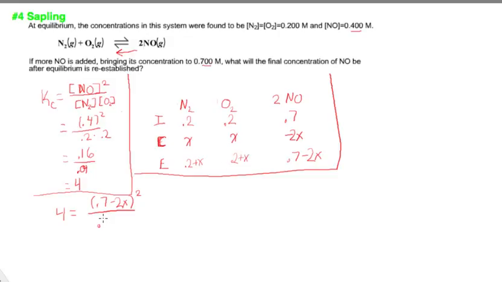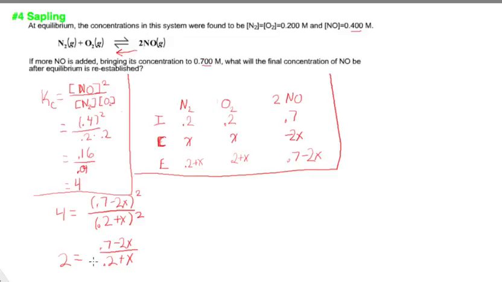Since it's the same thing, instead of multiplying it by itself again, I can just say 0.2 plus x squared. Now, I can take the square root of everything. So I get 2, the square root of 4, equals the square root of the top, which is just 0.7 minus 2x, and the square root of the bottom is 0.2 plus x.